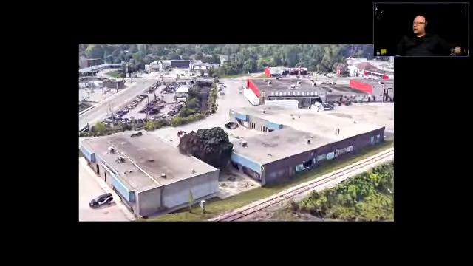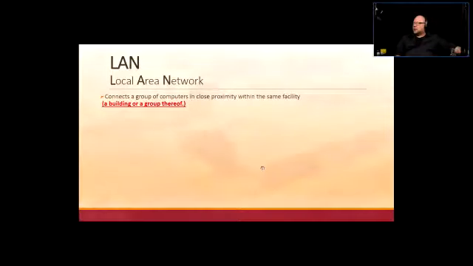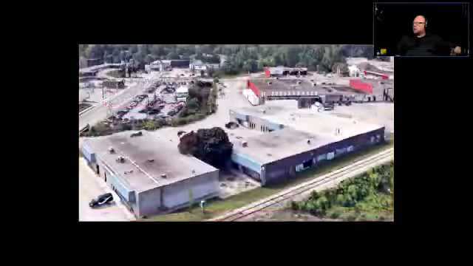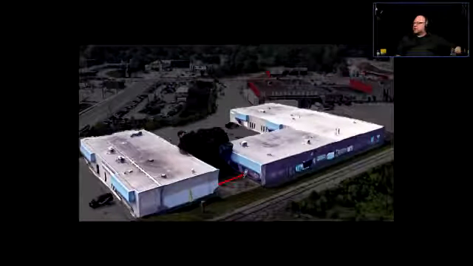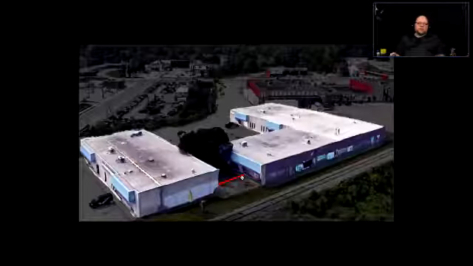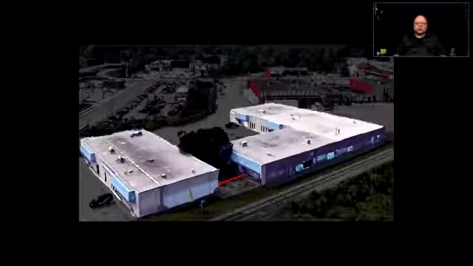How do we connect them? Well, this way here. All right, so let's just consider these two buildings. And I drew a red line here. How can we connect this? We can connect this thing through a bunch of Ethernet cables, but the Ethernet cables, their bandwidth or the throughput or how much information it can provide at one time, it's not as efficient as some other ways of communicating.